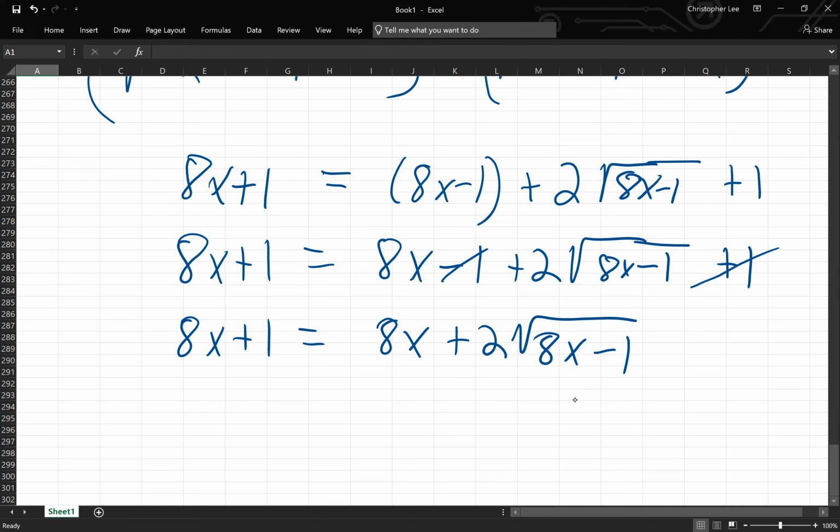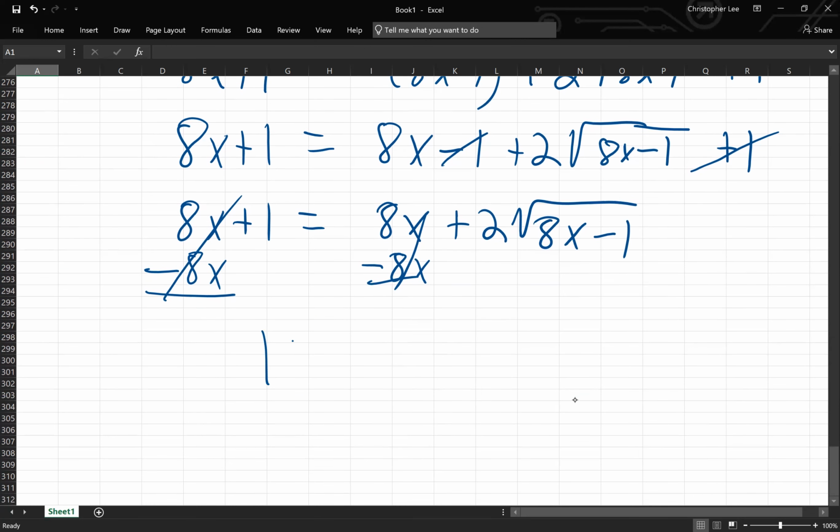Remember, I want to solve for x here, so I'm going to subtract 8x over here. What I do to one side, I do to the other. I'm going to leave it the way I have it: 1 is equal to 2 square root 8x minus 1.